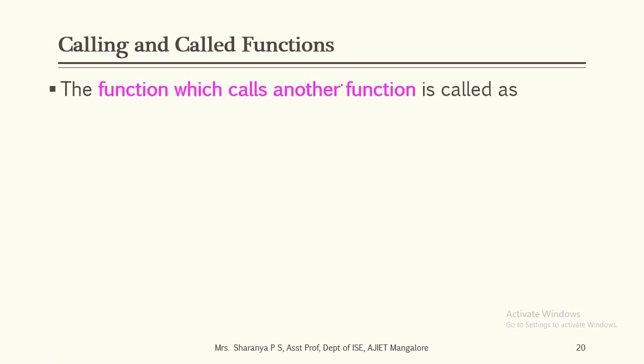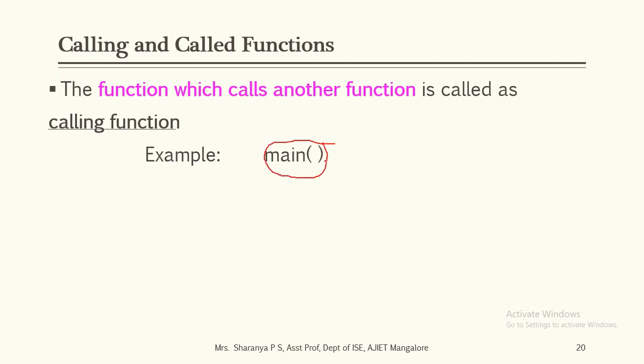The function which calls another function is called a calling function. In our example here, that is the main function, from where we are calling another function. That's why we call main a calling function. As in the example, I am the person who called someone, so I will be the calling person.